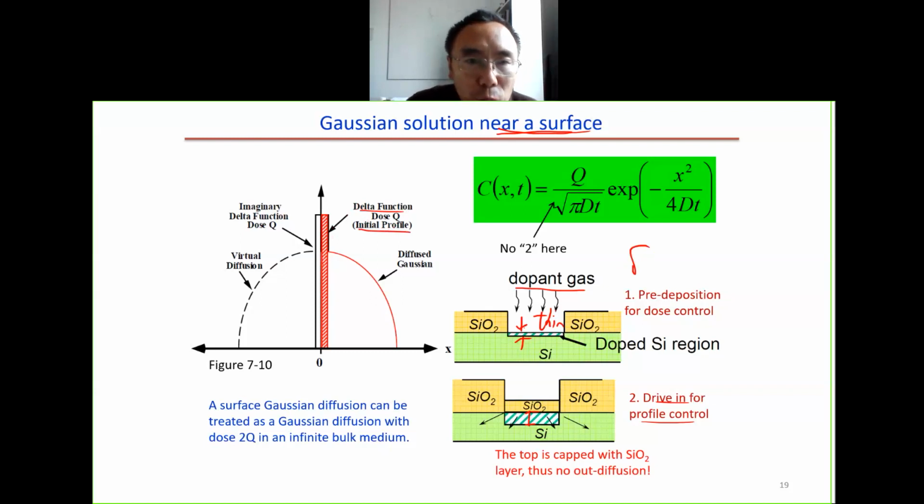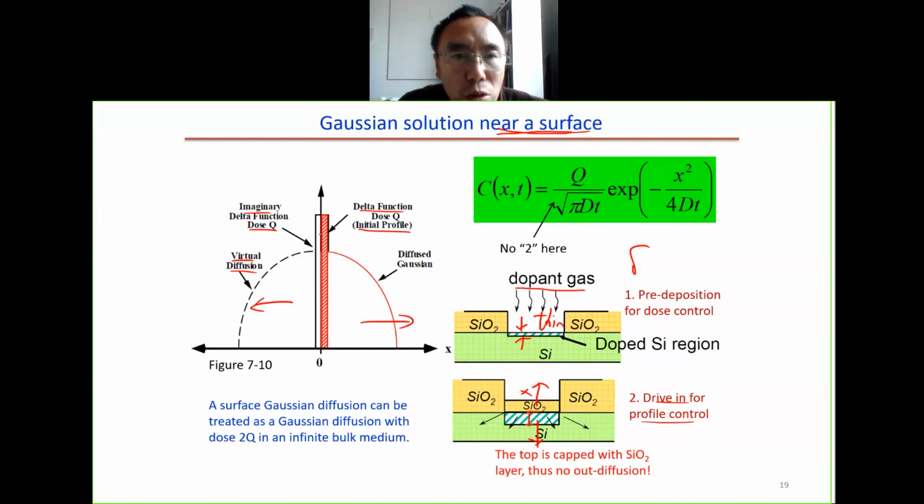To solve this, we have diffusion only to the right side, only downward. To solve this problem, we imagine we have another dose Q on the left side, which can also diffuse along this side. This is called virtual diffusion, because in this case the dopant cannot actually diffuse to the left.